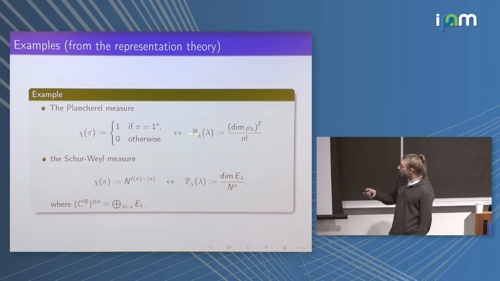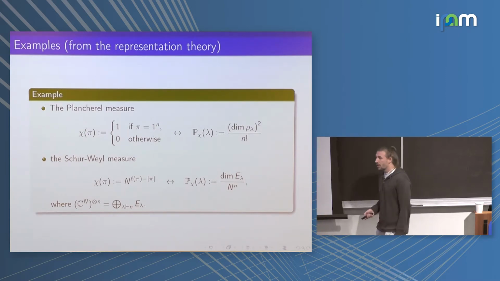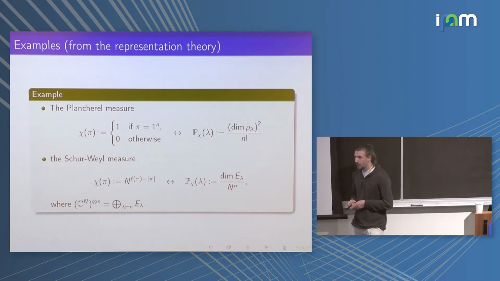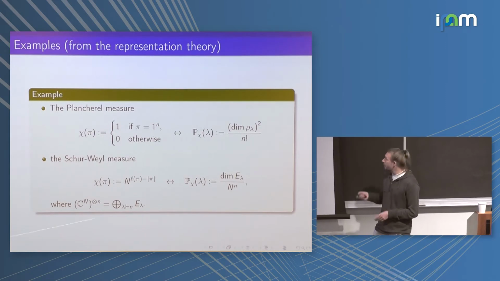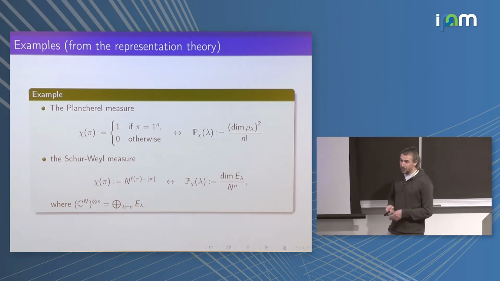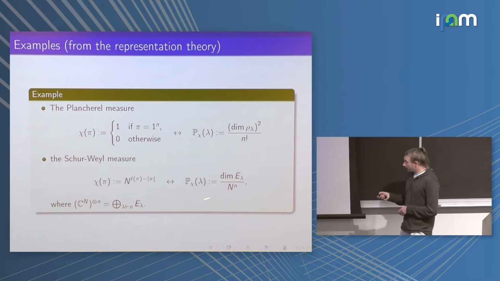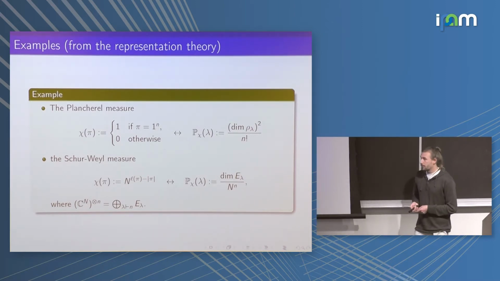So here we have this correspondence between characters and probability measures. If you start from the regular representation, the associated probability measure is the Plancherel measure. And in the second example, if you start from the Schur-Weil representation, then you get a probability measure that we will call the Schur-Weil probability measure.